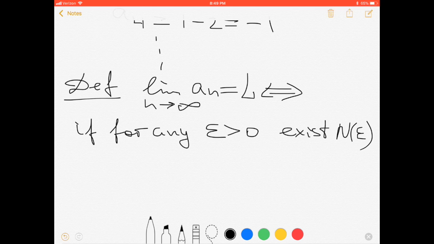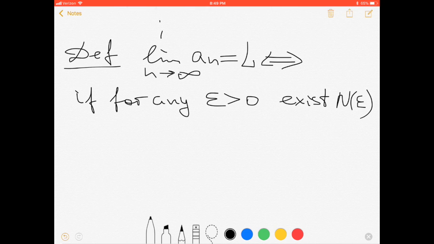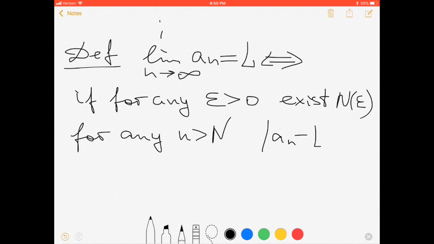For different epsilon you have different N, and for any n greater than N, the absolute value of a_n minus L is less than epsilon.